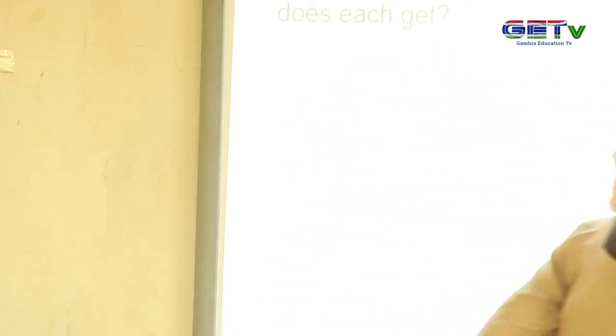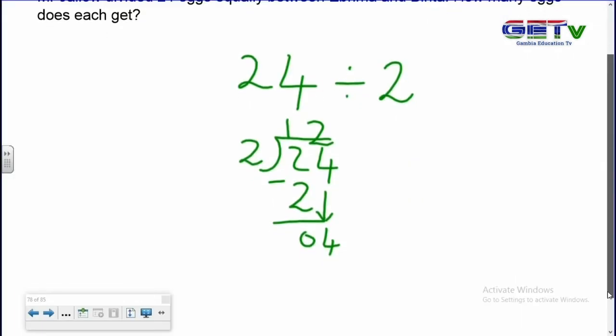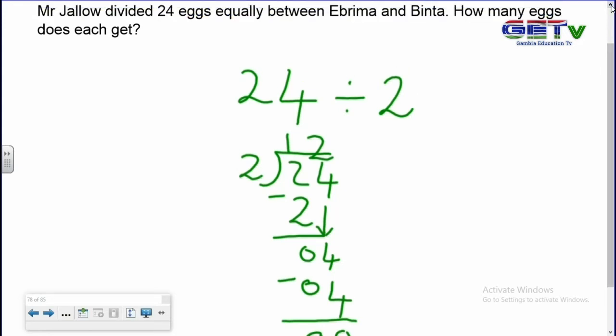And 2 times 2 is 4. 4 minus 4 is 0. So 24, when shared between Ibrahima and Binta, Ibrahima will get 12 eggs, whilst Binta also will get 12 eggs, because it is shared evenly, equally.